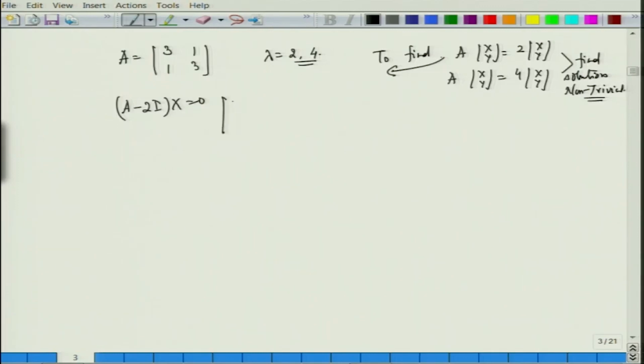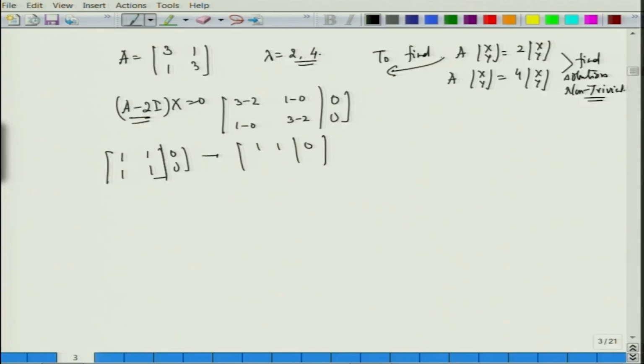I am looking at this matrix, the augmented matrix or coefficient matrix, whichever you want to look at. A minus 2I means 3 minus 2, 1 minus 0, 1 minus 0, 3 minus 2, so the augmented matrix is basically this. I am looking at the matrix [1 1; 1 1] with right side 0 0, and the RREF of this is just this itself.